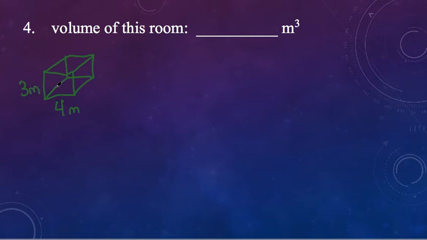Remember, 1 meter equals 3 feet. And the depth is about 3 meters. So volume equals length times width times height. This is 3 times 4 times 3. 3 times 4 is 12. 12 times 3 is 36 meters cubed. And that is 10 to the first meters cubed.